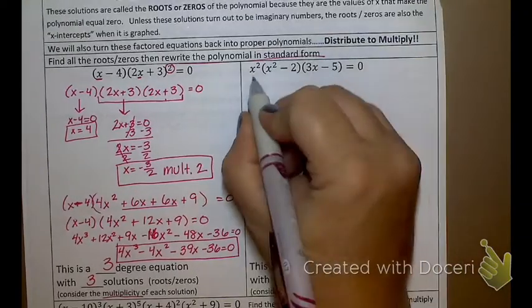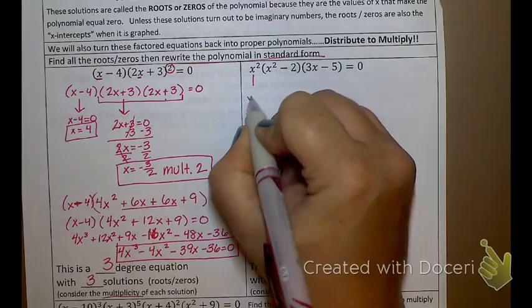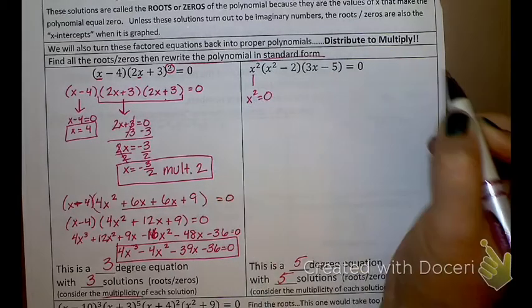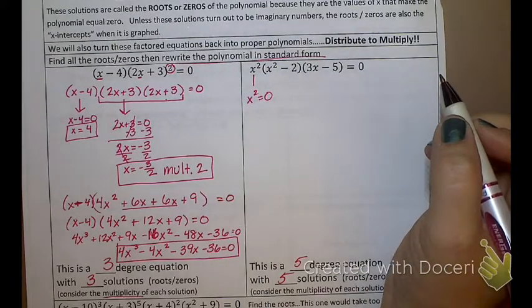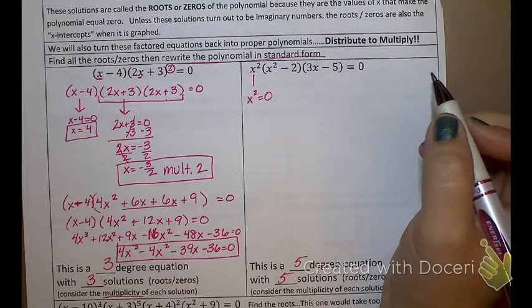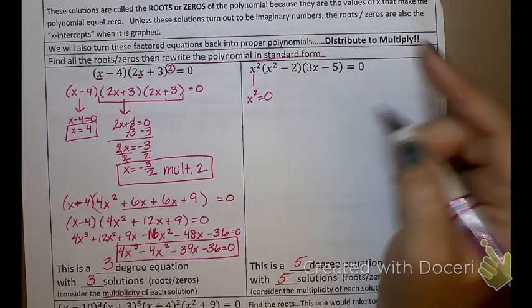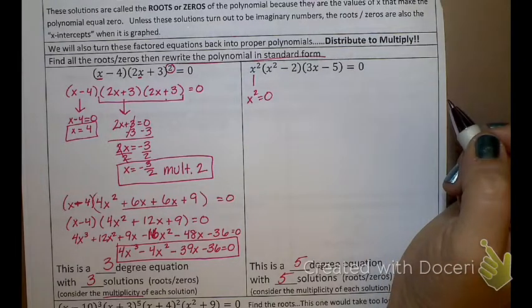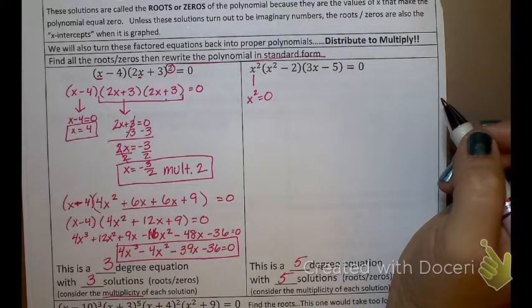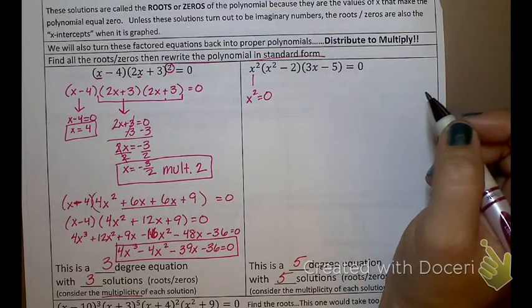Now, I have an x squared out in front. If x squared is equal to 0, what does x equal? 0. That's actually going to count as a double root, or a root with a multiplicity of 2. Why? Because it's squared. When you take the square root, technically you have to take a positive and a negative, right?